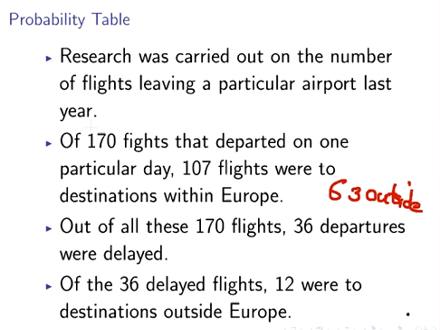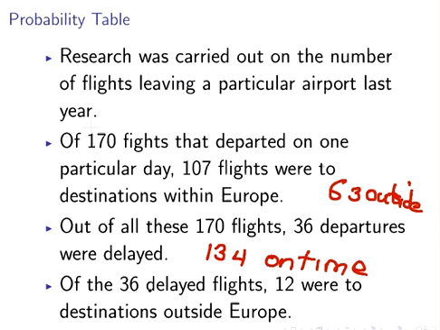So very quickly we'd look at the fact that the complement event. If 107 went inside Europe, 63 went outside Europe. Anyway, of all of these 170 flights, 36 were delayed. And again, what we're going to think of is that means 134 were on time.